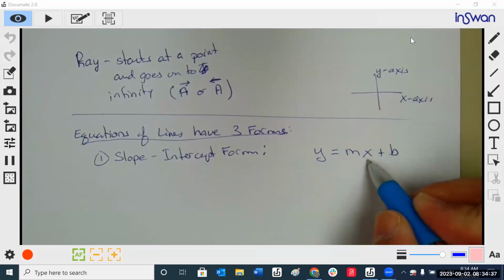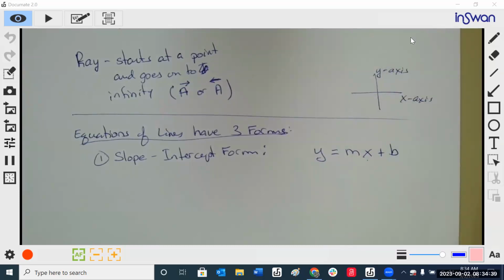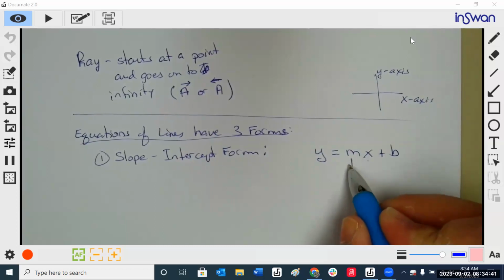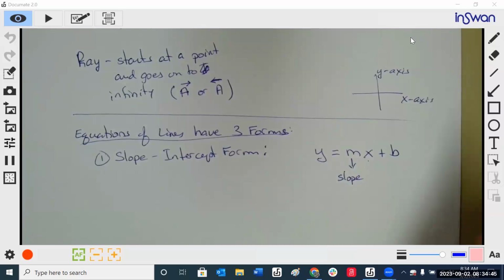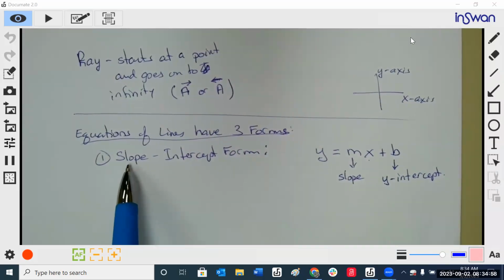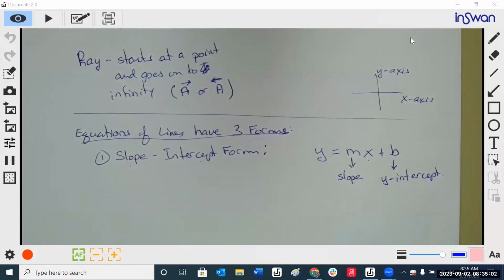We have to find the x value and the y value. Where m is the slope, and b is what we call the y-intercept. Hence, slope-intercept form, because it's the slope and the intercept. And we're going to talk about this in a second also.